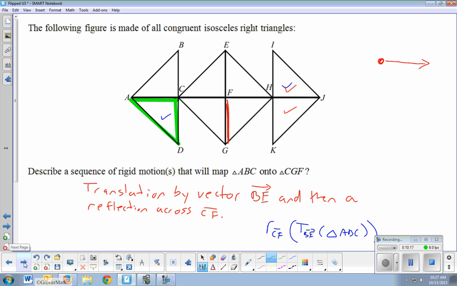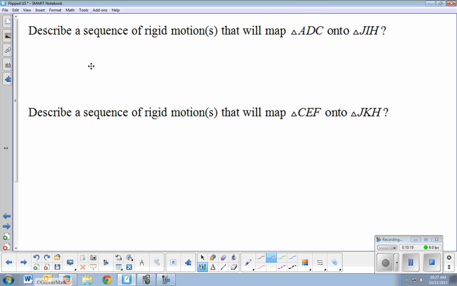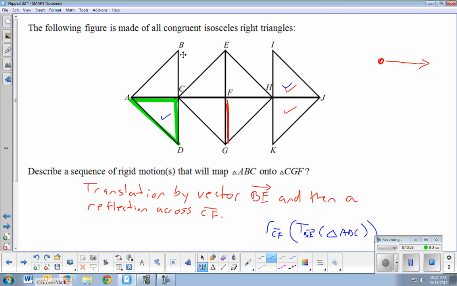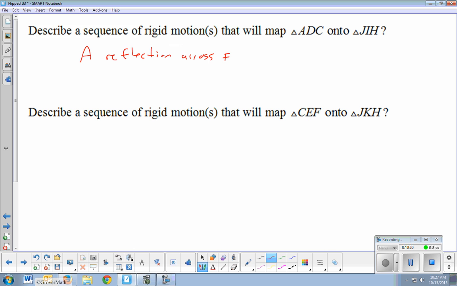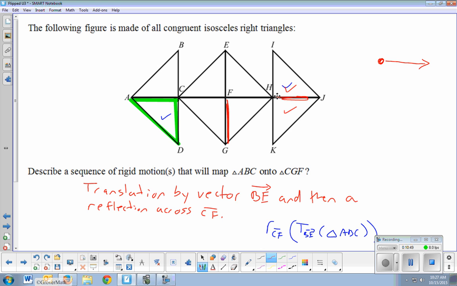So a reflection across FG, followed by a second reflection across, that second line was HJ.